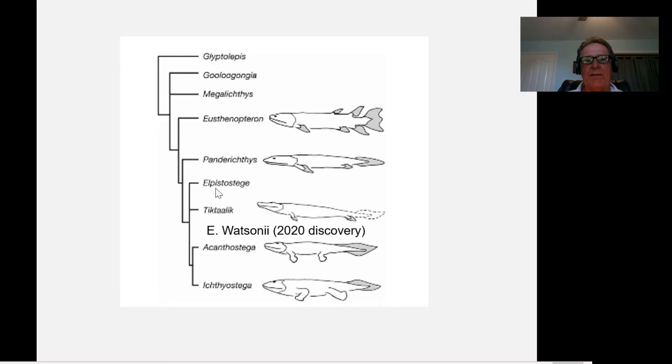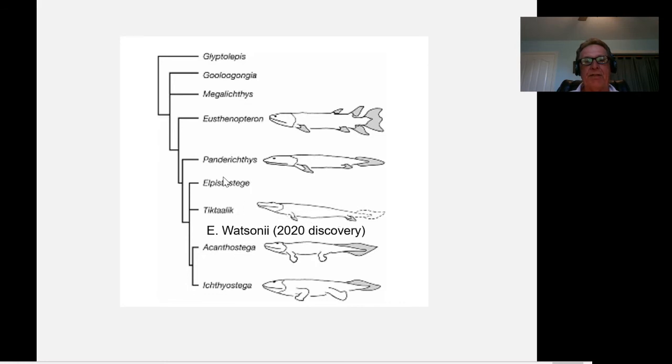And then we get these fish here that are the true transitionals. And the first one is Tiktaalik rosae, and this was discovered, a partial fossil discovered in Greenland earlier in the 2000s. And then I sent you this discovery that was made just last week called E. watsoni.